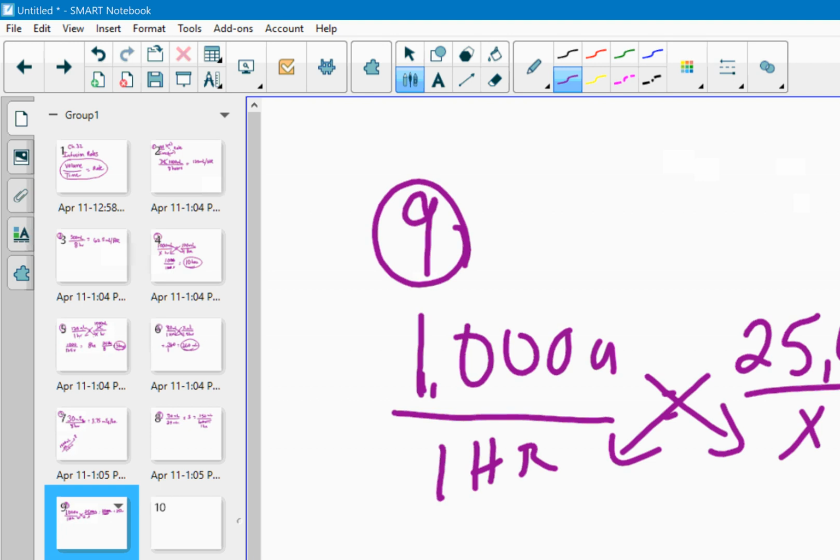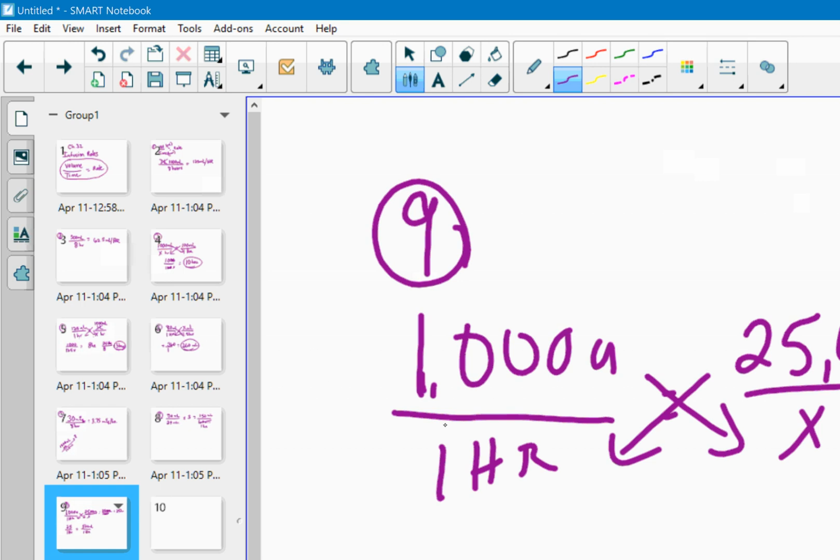Okay, so now we're going to find your milliliters per hour. So you take your 25 units per 1 hour. Okay, and then next what you're going to do, of course, is it says it's for a 500 milliliter bag. And we want to know how many hours is in that 500 milliliter bag.